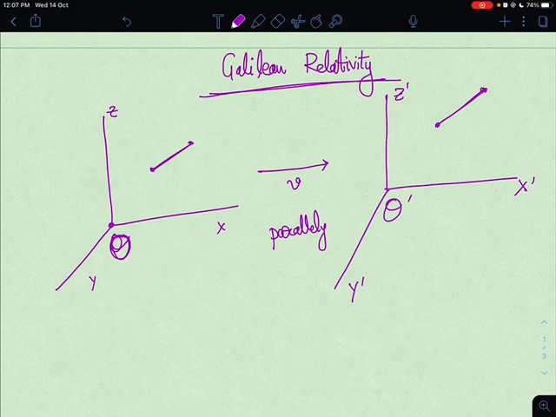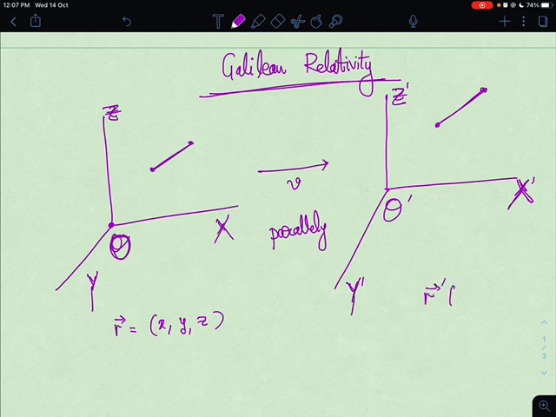Now you can transform from x, y, z coordinates to x prime, y prime, z prime coordinates. Let me write r to be x, y, and z. These are the axes, and this is some distance from the origin. In the other frame you have r prime to be x prime, y prime, z prime. r prime is the length of this vector.